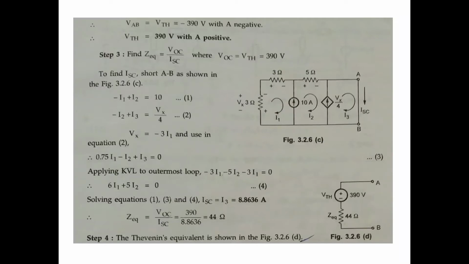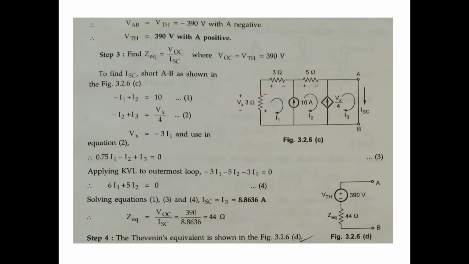Next, applying the outermost loop, plus to minus: minus 3I1, minus 5I2, minus 3I1 equals 0. 3 plus 3 is 6, so 6I1 plus 5I2 equals 0, equation number 4. Solve equations 1, 3, 4 using a calculator.